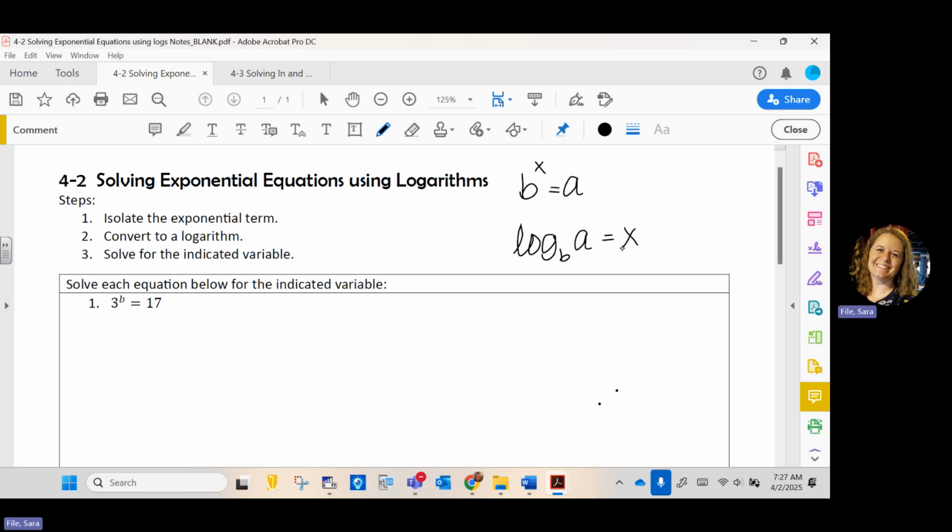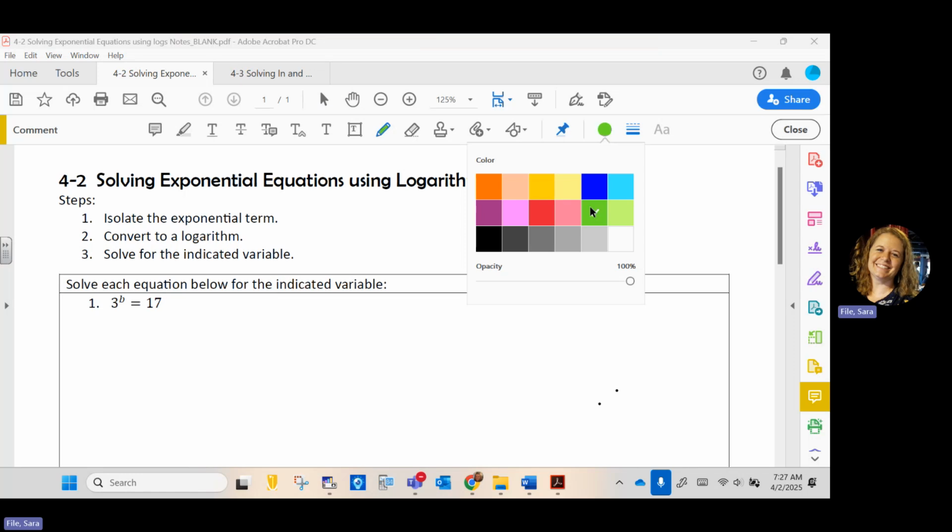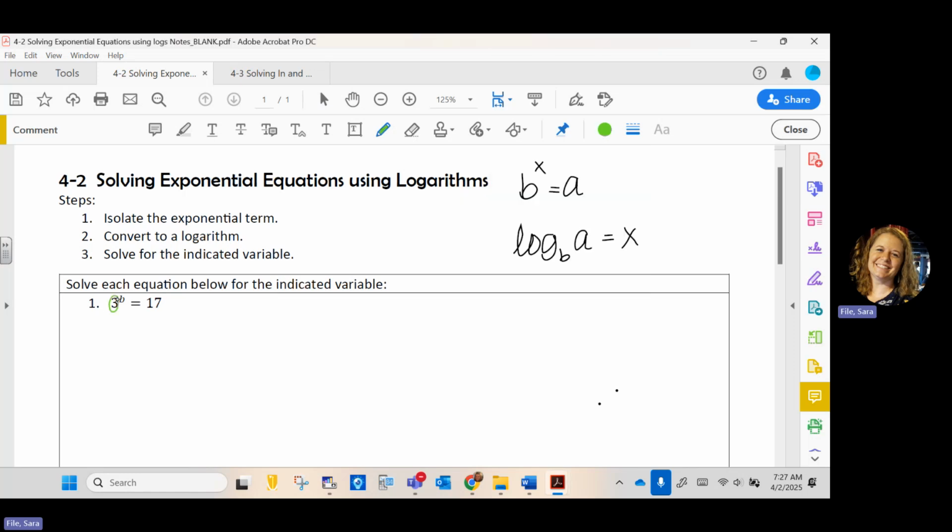So step 1 is done. The exponential expression is already isolated. There's nothing outside of this base to a power that needs to move, so I'm ready to rewrite this. Again, the base becomes the base of the log. Here that's the 3, so I'm going to have log base 3.